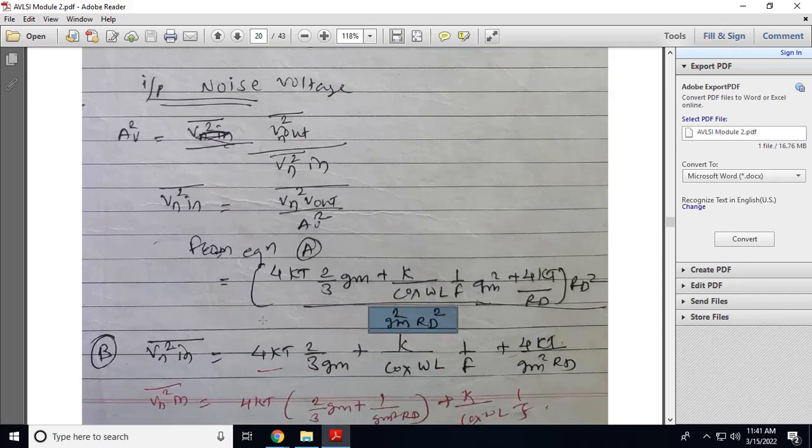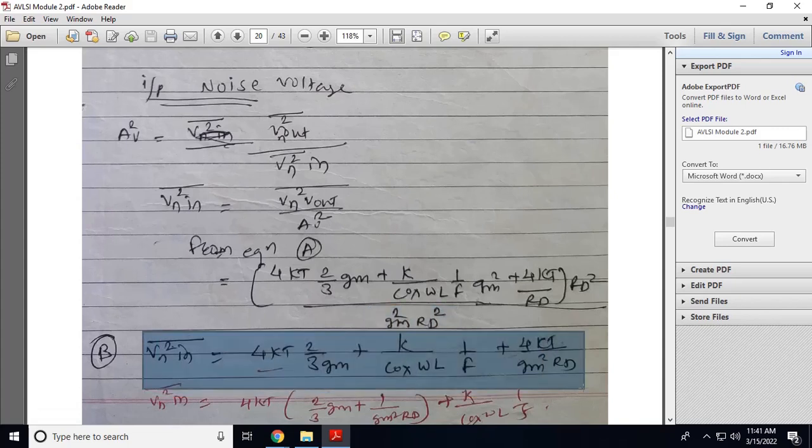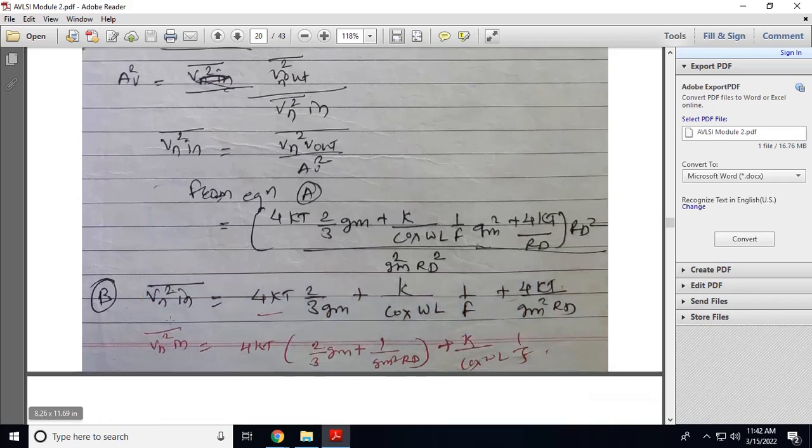So we get the input noise voltage, equal to 4kT 2/3 gm plus K divided by Cox W by L, 1 upon f, plus 4kT, all over gm square Rd. You can simplify this by taking 4kT common: 4kT multiplied by 2/3 gm plus 1 upon gm square Rd, plus K over Cox WL, 1 upon f. This is the input noise voltage.